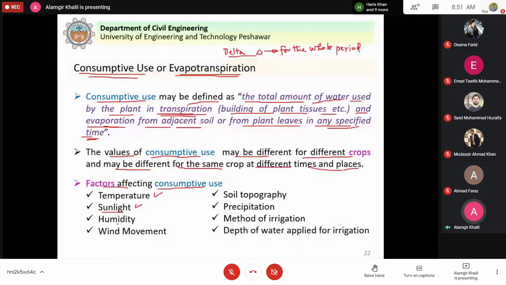Similarly, humidity, wind movement. If we have more wind blowing, evaporation from the surface will increase because the wind will take away vapors and therefore the rate of evaporation will increase. Similarly, we have the soil topography, the precipitation, method of irrigation, depth of water applied for irrigation. So all the factors on which the transpiration and evaporation depend, consumptive use or evapotranspiration will also depend on all those factors.